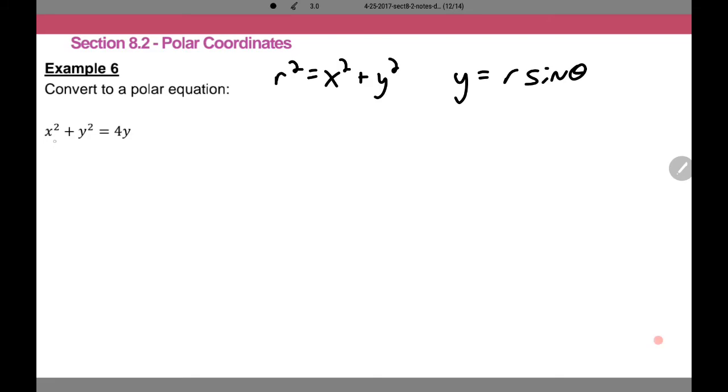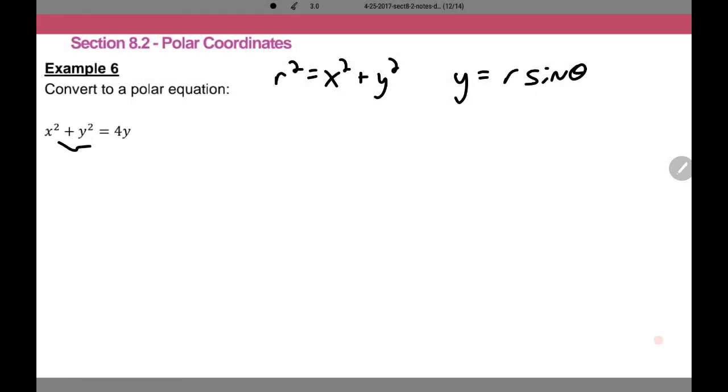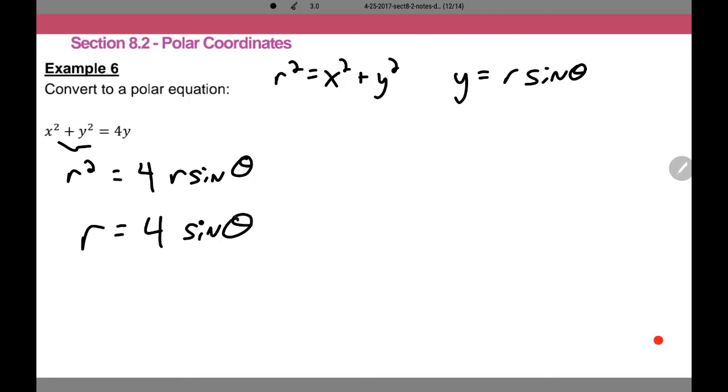So this is just r squared equals 4 times this r sine theta. Now again, I've got an r on both sides. Not going to be much of an equation when r is equal to 0, so we can get rid of that. If I divide both sides by r, I get r equals 4 sine theta.